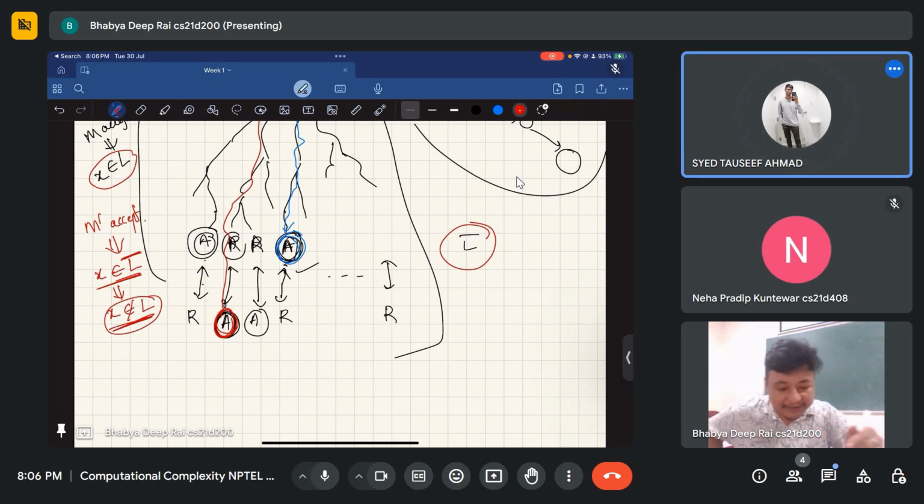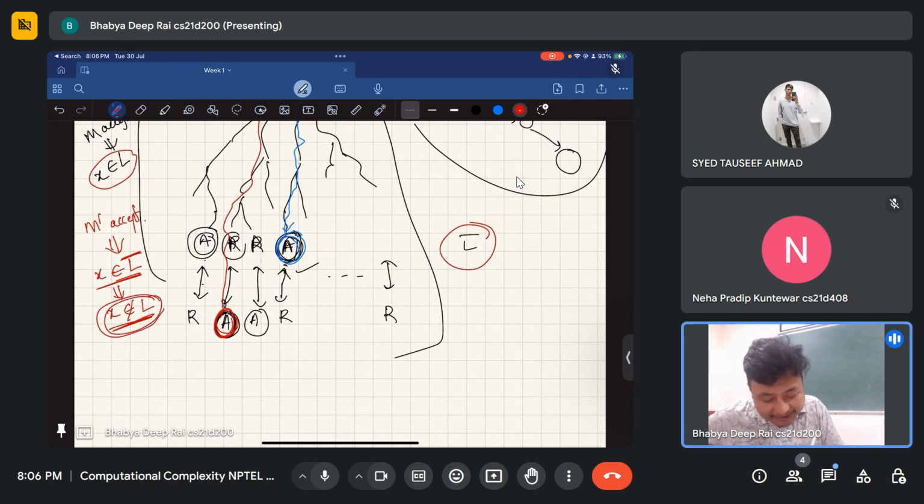So the algorithm is not working. Why? Because it is wrongly telling us that X does not belong to L, whereas X was belonging to L in the beginning. So obviously it does not decide L bar. So the previous algorithm of flipping, yes to no, no to yes, does not work in the non-deterministic context. This is all I was trying to say.